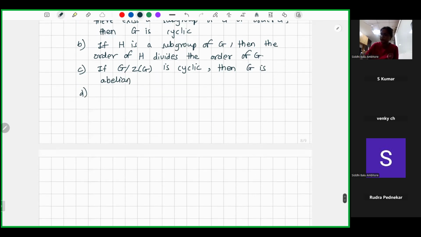And the D part is that if G/Z(G) is abelian, then G is abelian.